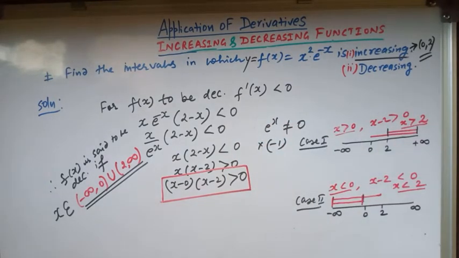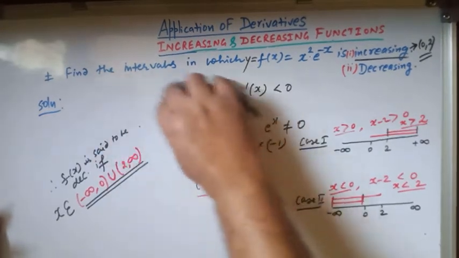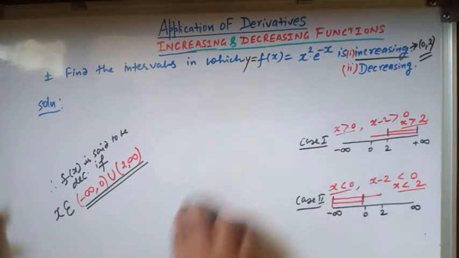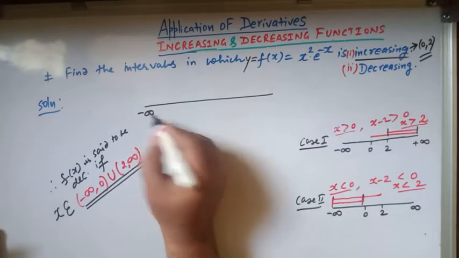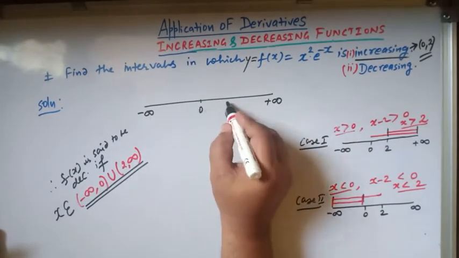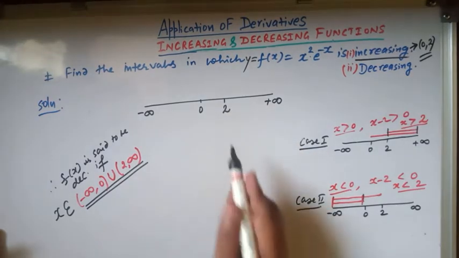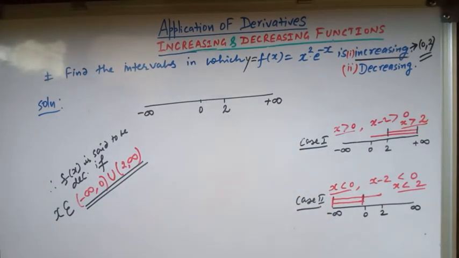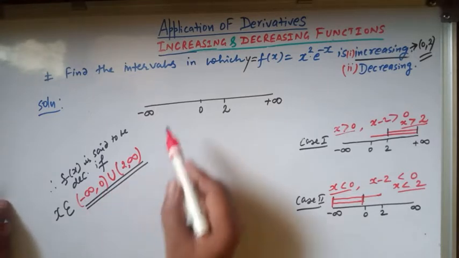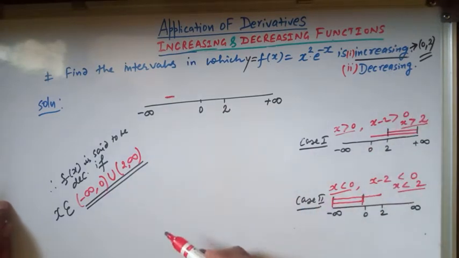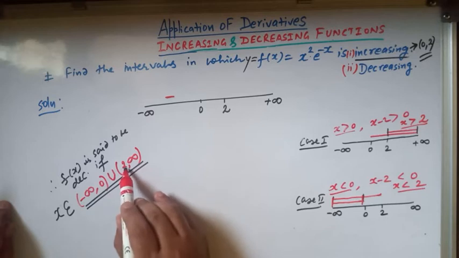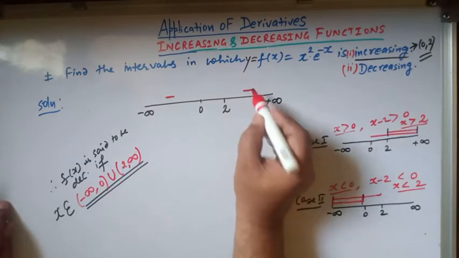Clear? Now let us combine these two results, and we can say that if this is the real number line and here we have 0 and 2, then from this region, that is minus infinity to 0, we have the function decreasing, and similarly in the interval 2 to infinity we have the function decreasing.